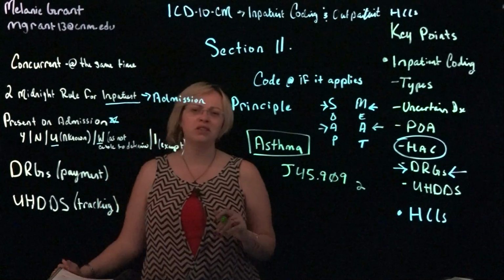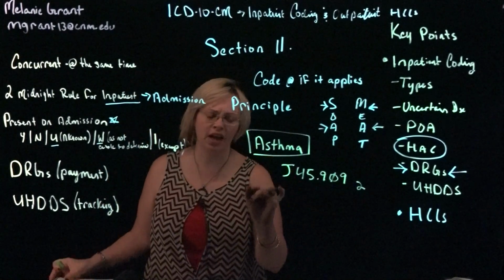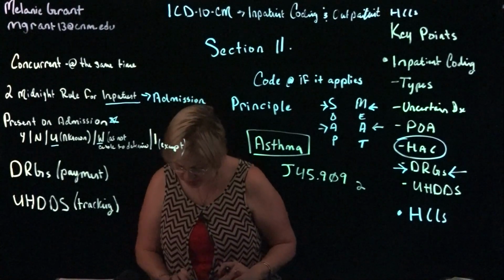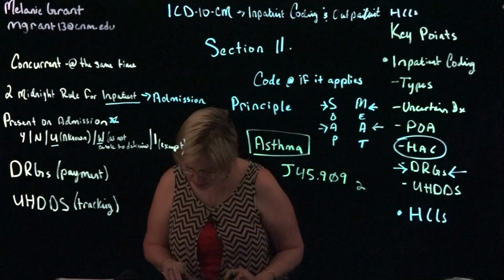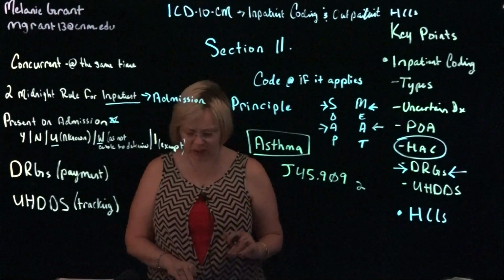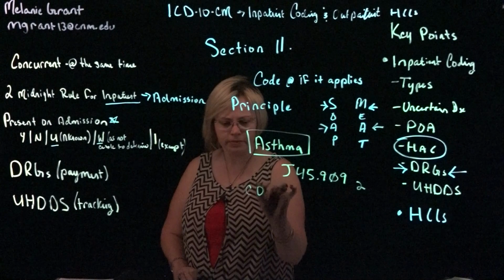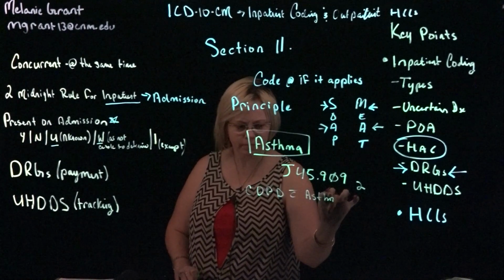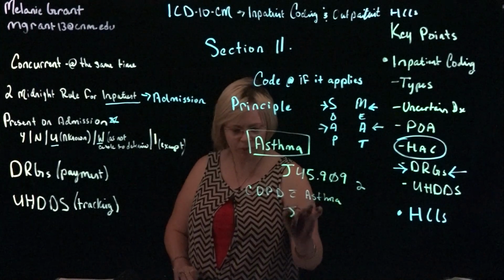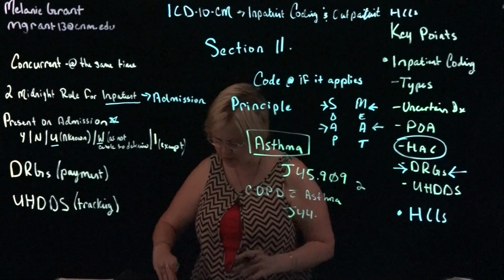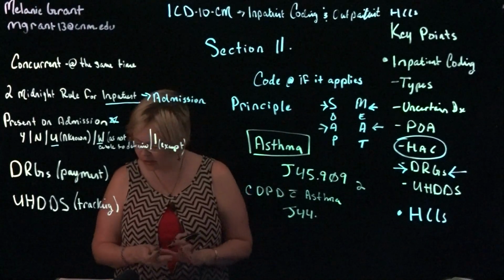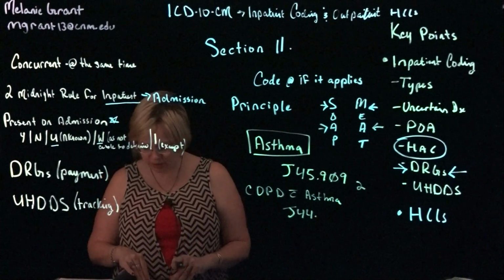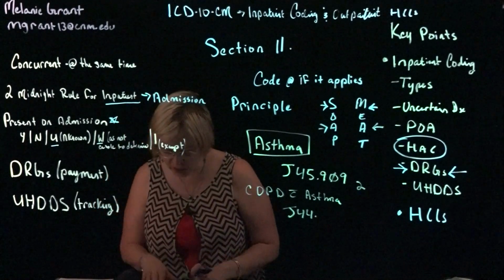But if you'd looked in the note, maybe you saw that the patient had COPD with asthma. Okay, so asthma with chronic obstructive pulmonary disease, which is J44.9, but we're going to go verify that. So I look at J44, other chronic obstructive pulmonary diseases, and I have the options.